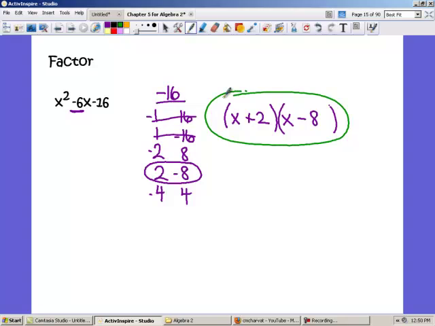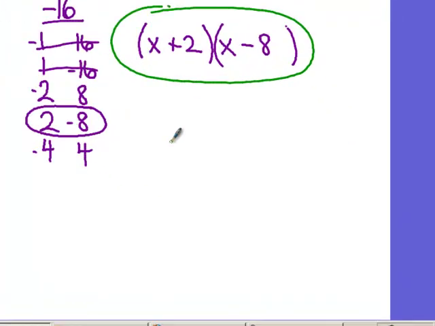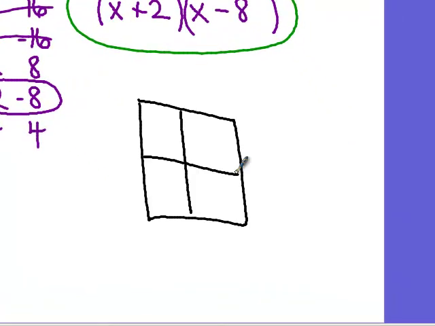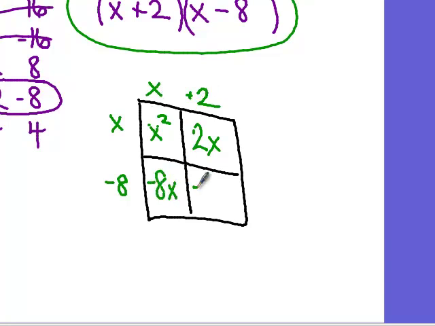That is factored. Now to check it, I'll do the box method for those of you who like that better. So we're going to put x plus 2, and then x, and then minus 8. So we multiply these two together, multiply those two, negative 8x and negative 16.